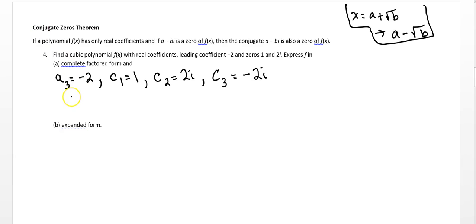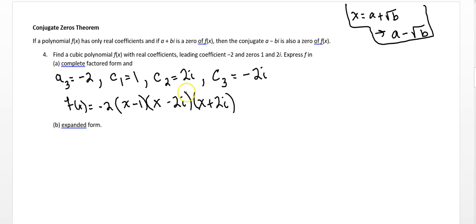So let's write the factored form. f of x is equal to -2 times x minus 1 times x minus 2i times x plus 2i.